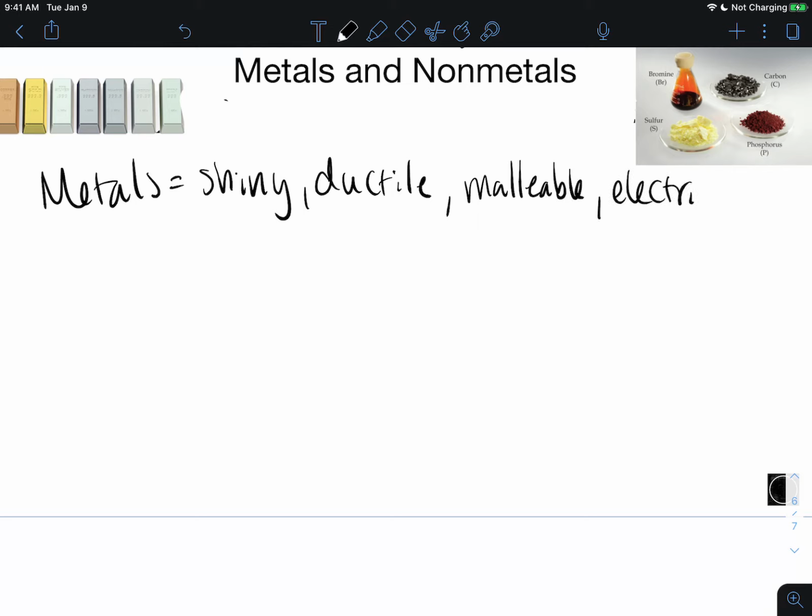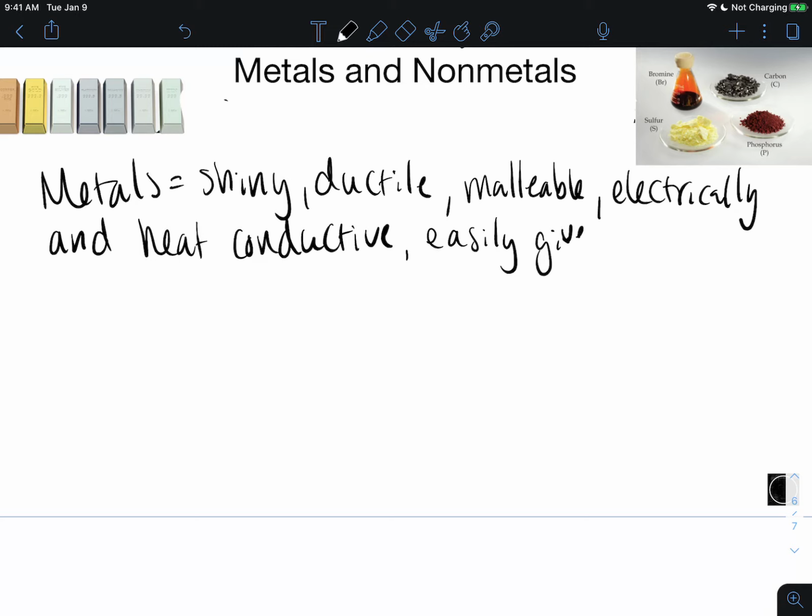Electrically and heat conductive. They can conduct electrons and heat. They easily give up electrons. And when they give up electrons, they are going to form a plus ion, a positively charged ion, which is called a cation.